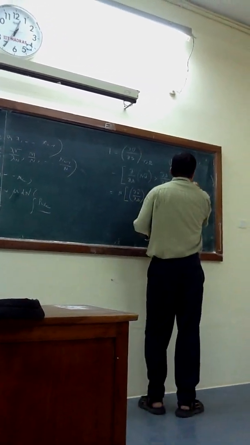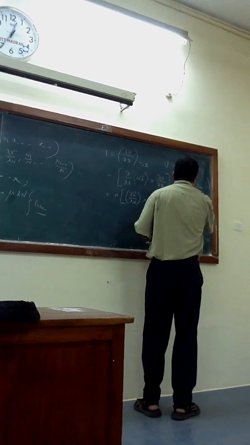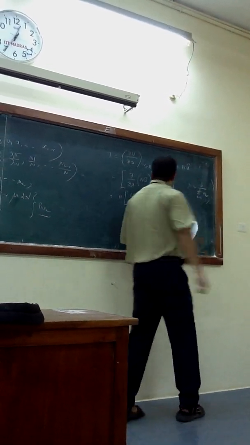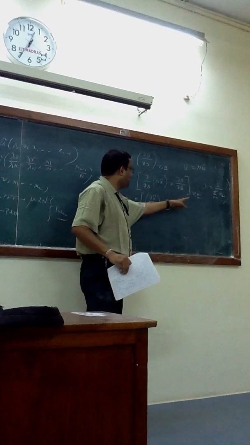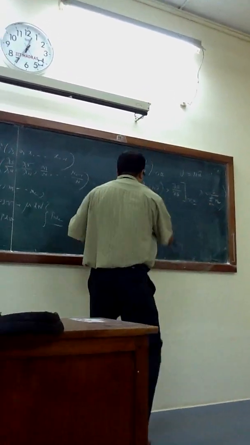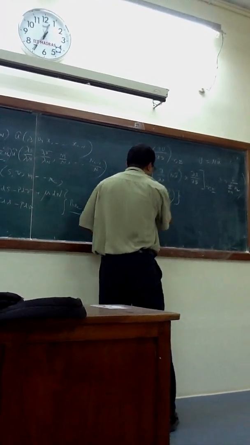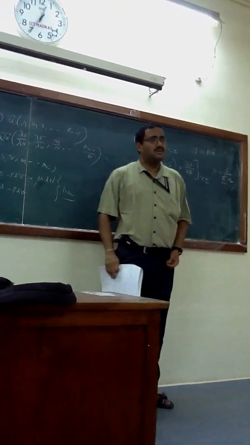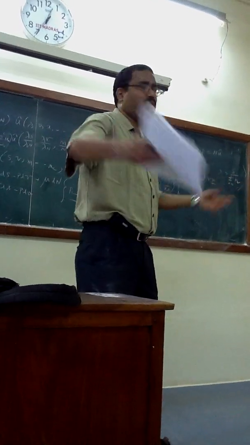What is S? S is the summation k equals 1 to c of n_k. So for ∂s/∂S, n bar is constant, meaning the entire thing is constant. So what will you get? We get the same thing we have done earlier.